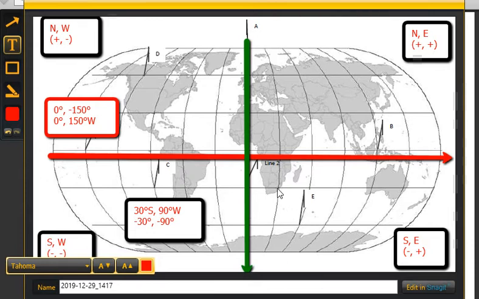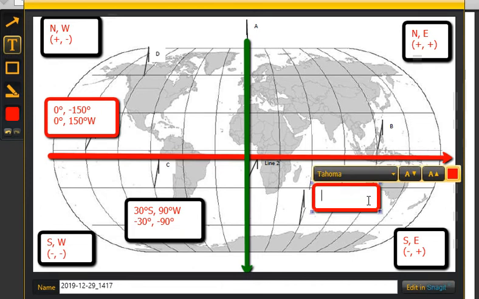So the latitude is 30, and it's in the eastern hemisphere, so it's 60. You would write that two ways. It is southern hemisphere, so the latitude is first, 30 degrees, and then the eastern hemisphere would be, oh, sorry, it's 60.